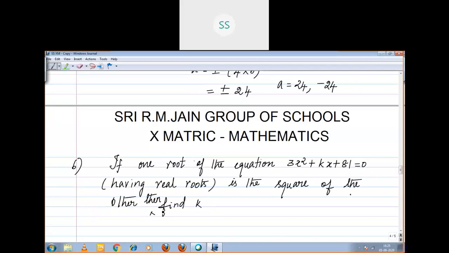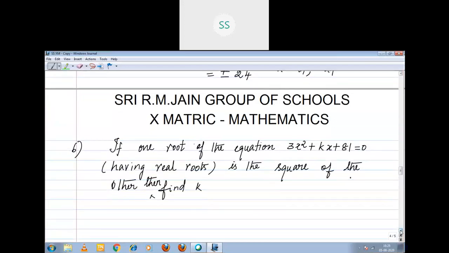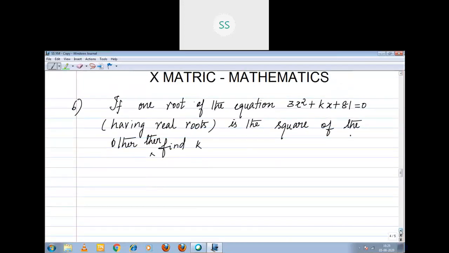Now you see one root is the square of the other is given to you, right children? Normally we take the roots as alpha and beta. Let the roots be alpha, beta. But given one root is the square of the other, here also I am considering beta equal to alpha squared.